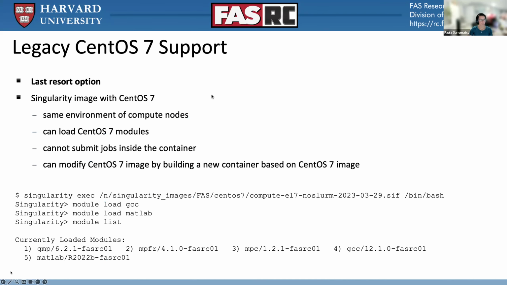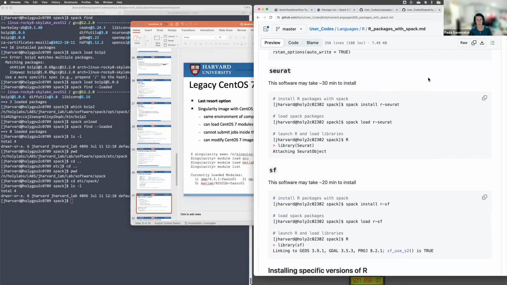If you absolutely need the CentOS 7 support from before the upgrade, you can use a Singularity image that we have available for anybody. It is located in this path, Singularity image, FAS CentOS, and it's also in our documentation.